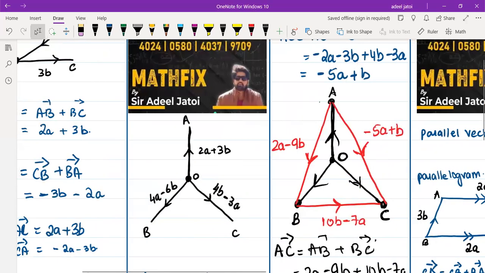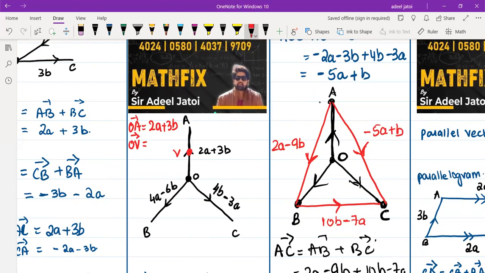Now, let's say the midpoint is here, let's say the midpoint is asking for V, and OA and OB are given to us. OA is 2A plus 3B, and I want to find OV.